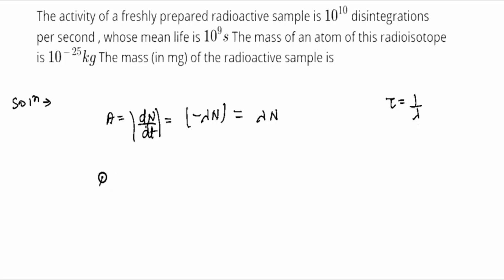So from here A will be equal to 1 upon tau into N.